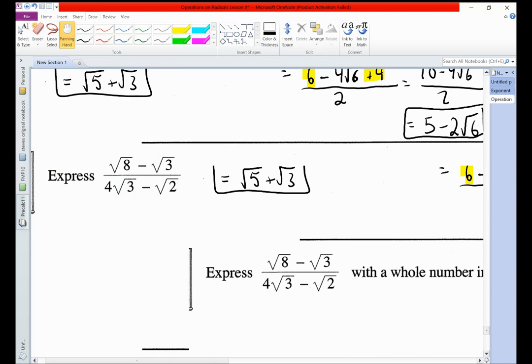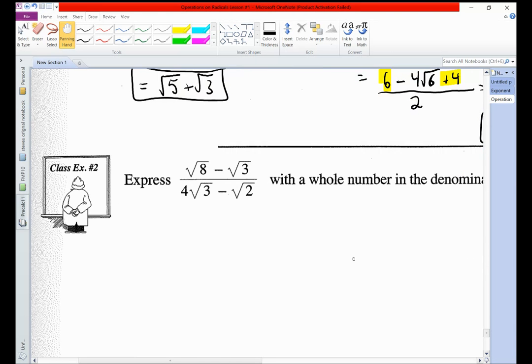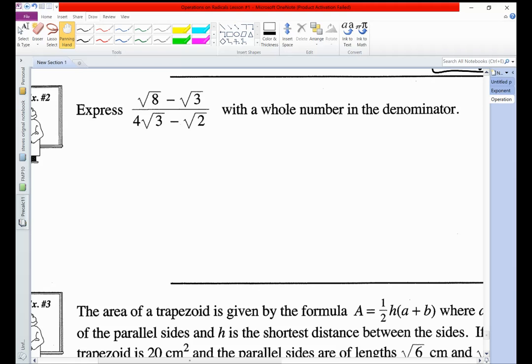All right. Oh, sorry. It's got a lag, so I can't tell where I scroll. Here we go. Express root 8 minus root 3 divided by 4 root 3 minus root 2 with a whole number in the denominator.